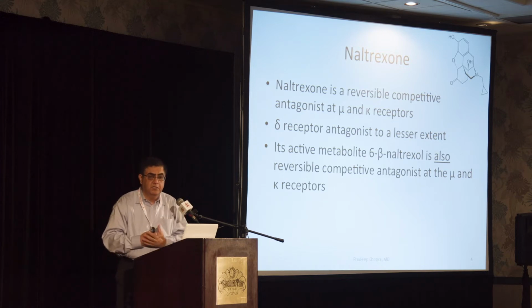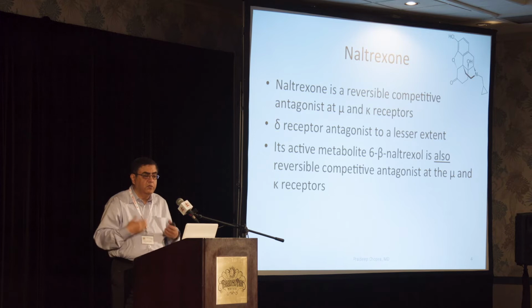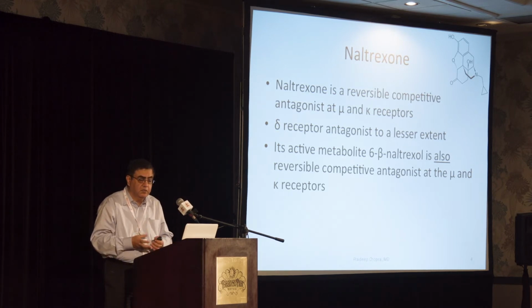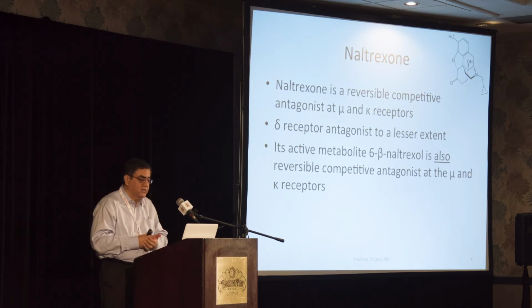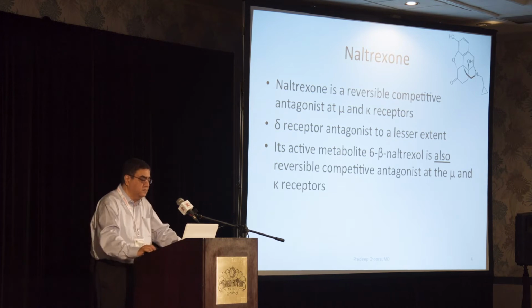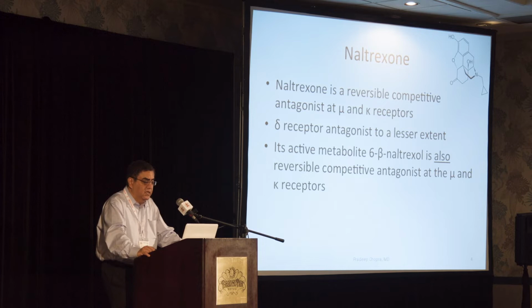These are the receptors which morphine and opioids work on. So if I was to give someone naltrexone, this would block the mu receptor, which means it would block that keyhole where morphine or opioids act, and block the effect of these drugs. It also works on the delta receptor to a lesser extent.